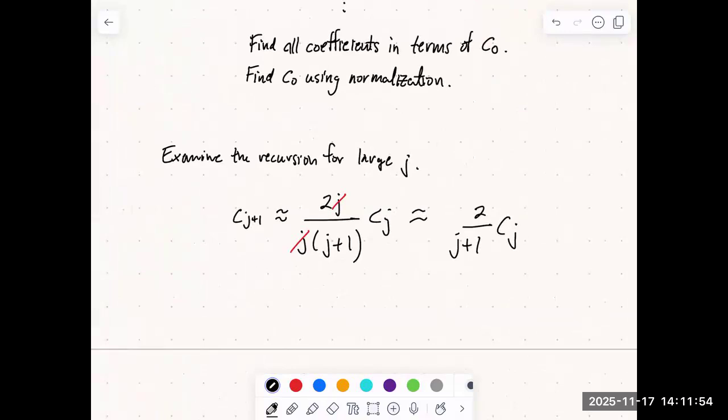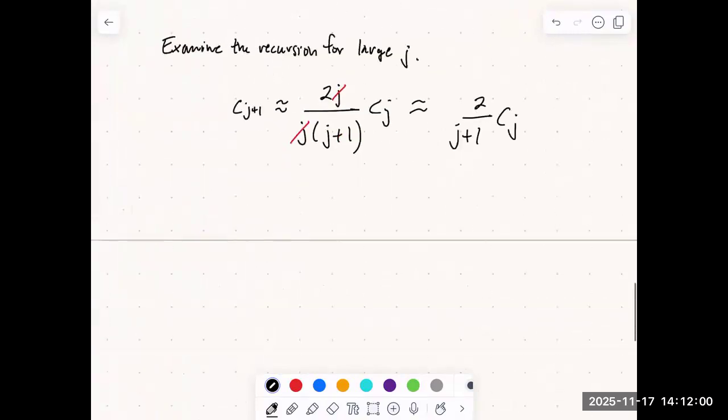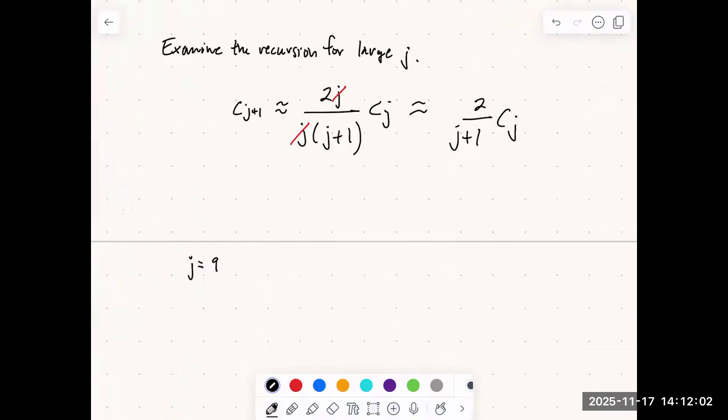So I want to see how does this behave if we actually put in some values for J. So let's take J equal 99. So I'll get C100 is approximately, well, it's 2 over 99 plus 1. The reason I kept plus 1 in here is just because I wanted to get the 100 in the denominator.